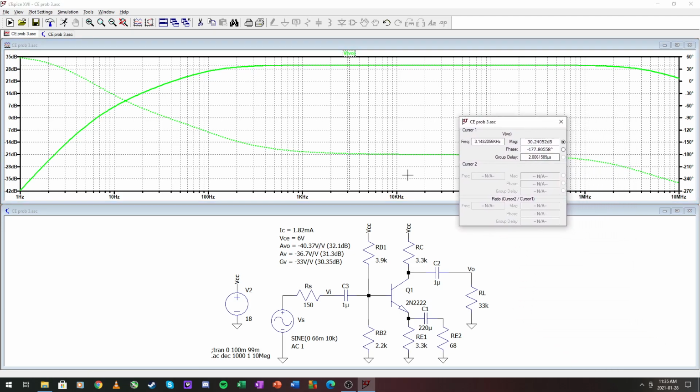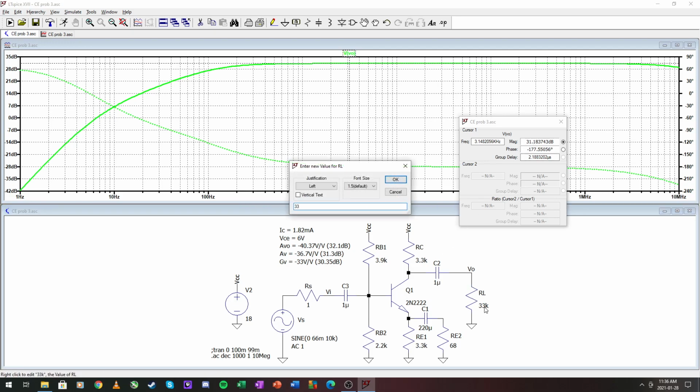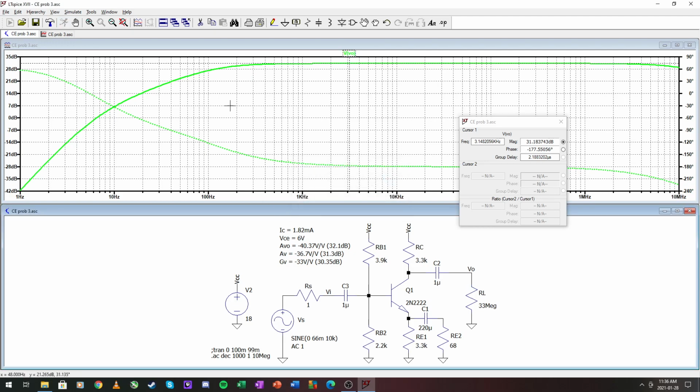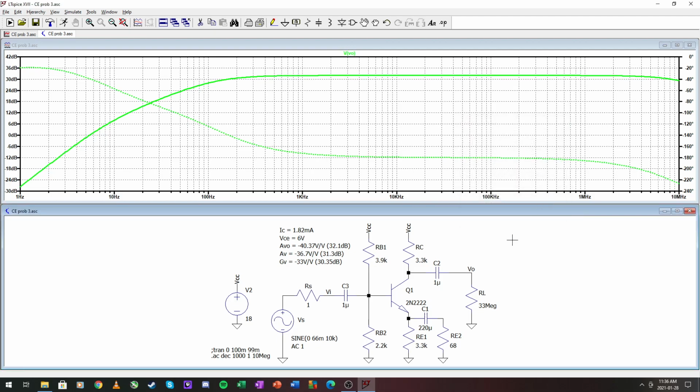Okay. Let's check loading effects. Input loading removed. 31.3, we have 31.2 roughly. It's close enough. And removing the output load, 32.1 dBs. So we actually reach our specifications quite well.